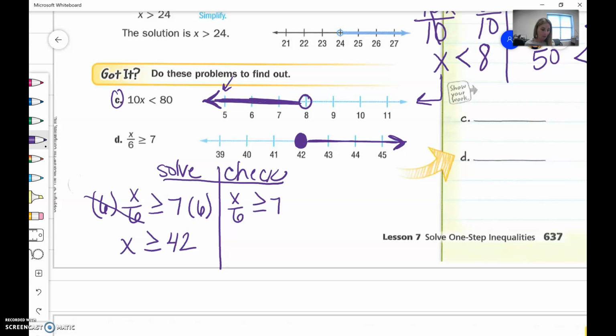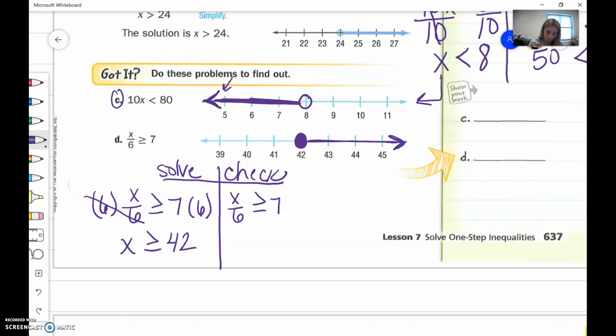So now, when I think about this, I'm like, okay, well 42 is a solution, so I probably should pick 42. I want to pick a multiple of 6 so I can easily mentally divide by. So I would pick a multiple of 6. 42, I could pick 48, and so forth and so on. Any number that is greater than or equal to 42.